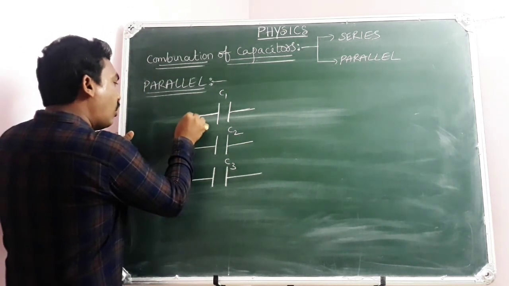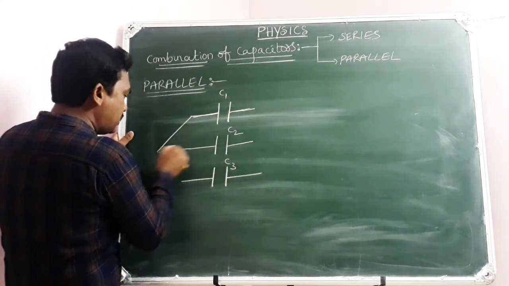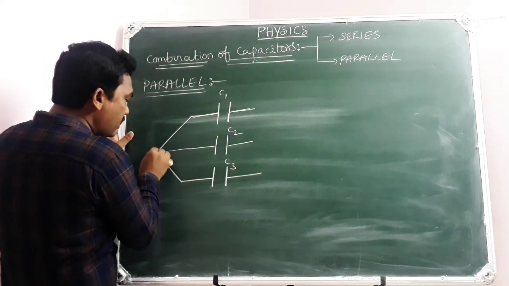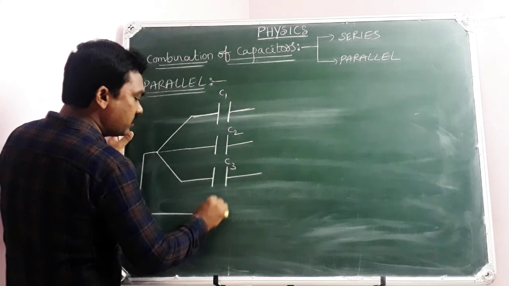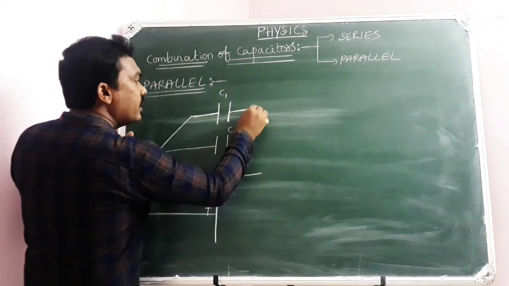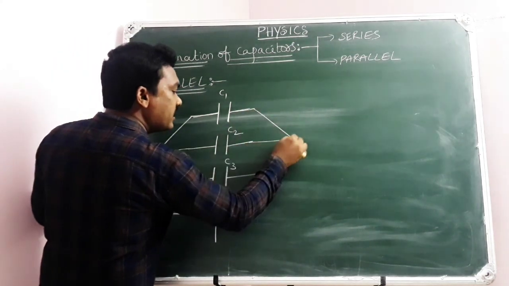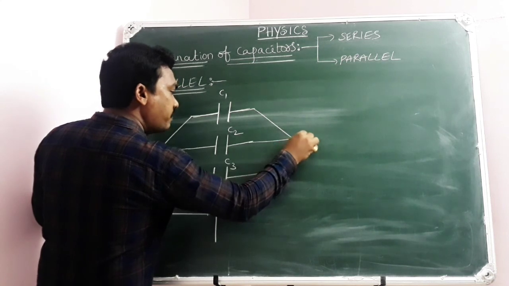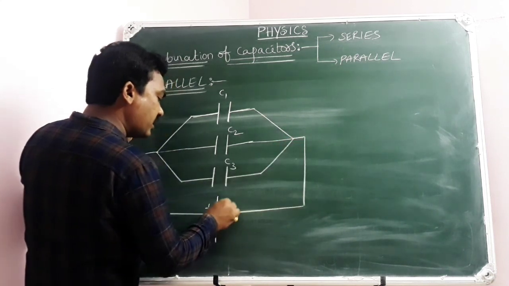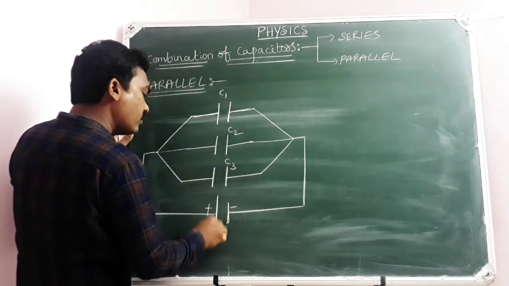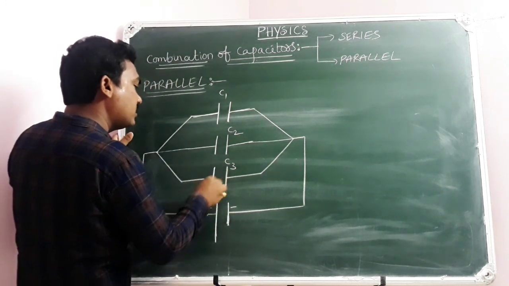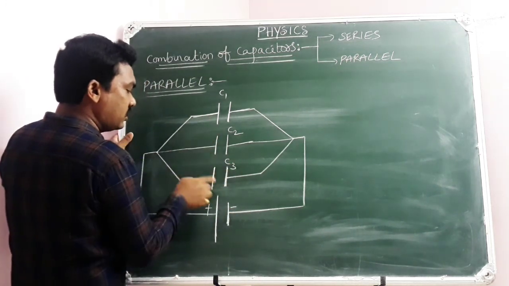Now all these first terminals are being given to the positive terminal of the battery and all these second terminals are being given to the negative terminal of the battery. See here, this is C1, C2, C3.